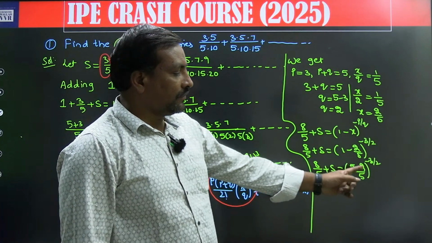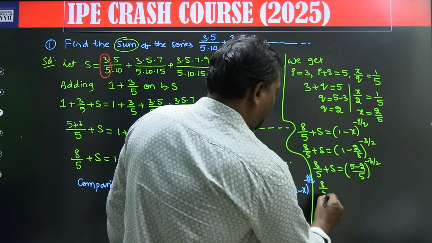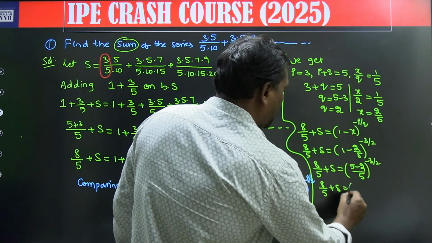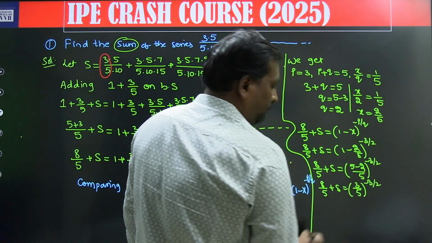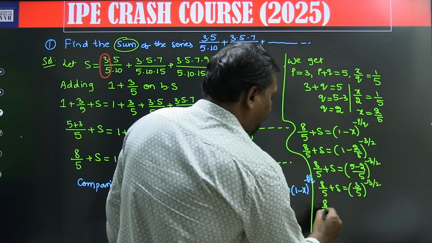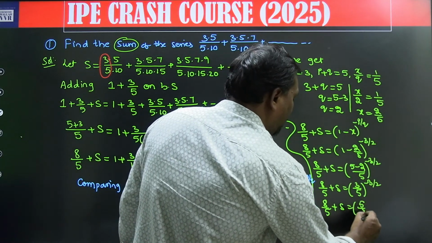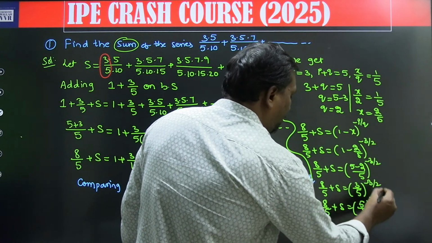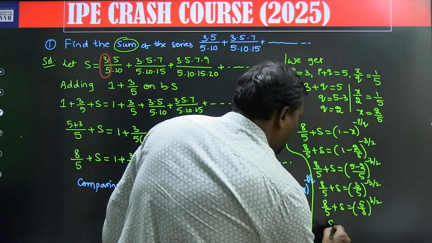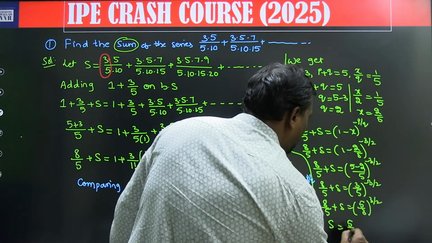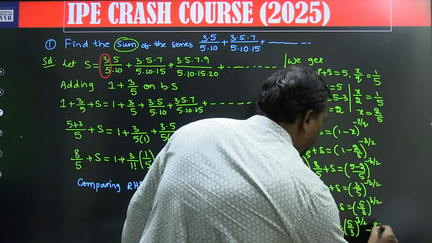So 5 minus 2 is 3, 3/5, (3/5) to the power of -3/2. So 8/5 + s = the reciprocal, (5/3) to the power of 3/2. So the s value we are required to find: s = (5/3) to the power of 3/2 - 8/5.